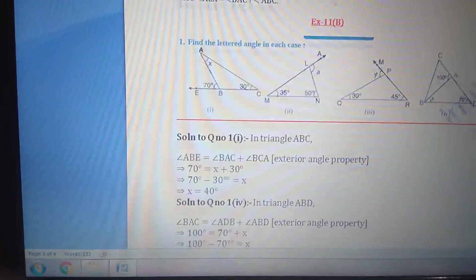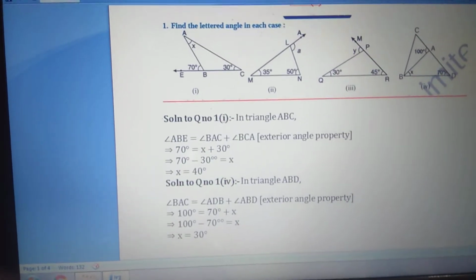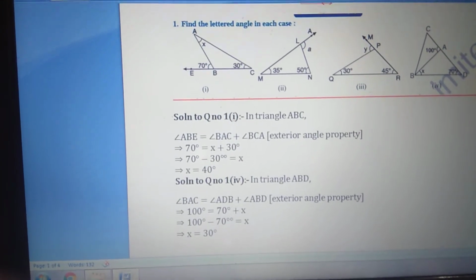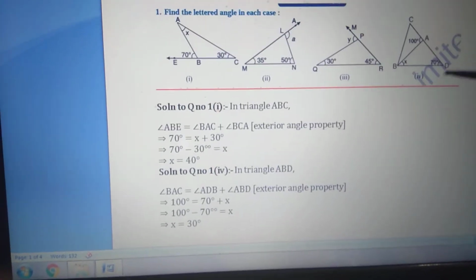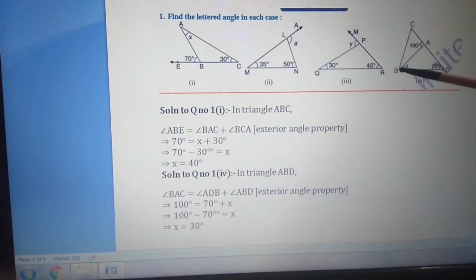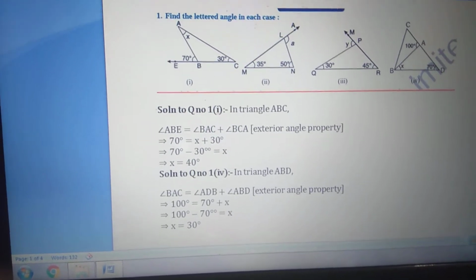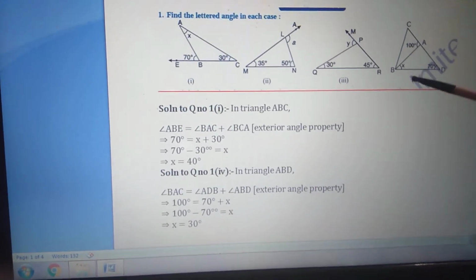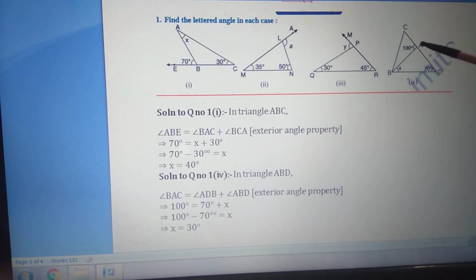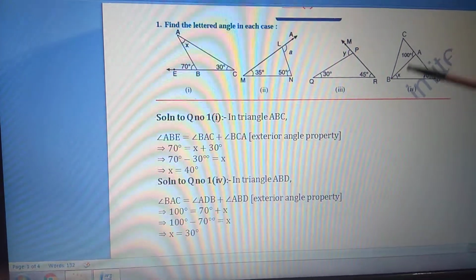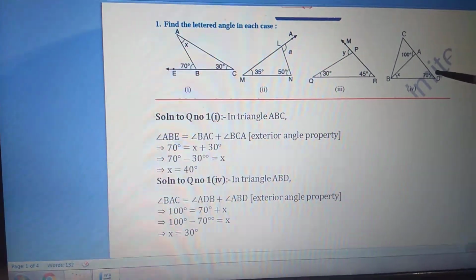I am moving to question number 1, part 4. In this triangle you see there is no extended line, so there is no exterior angle outside the triangle BCD. Here we will use the property inside only. You can see in triangle ABD, this 100 is the exterior angle and these two are interiors.